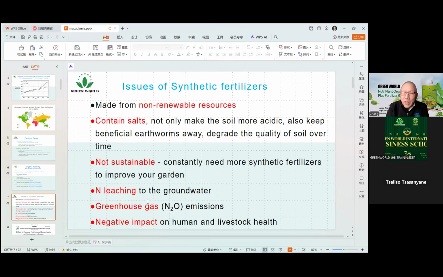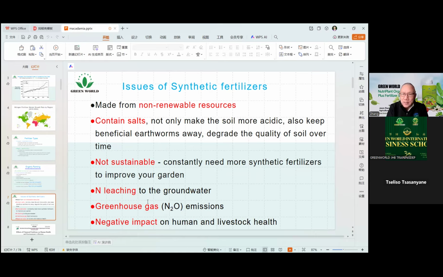Even though we have so much nitrogen in the air, plants cannot use it. Some plants can fix nitrogen with symbiotic bacteria, like soybeans, which have bacteria in their roots. But most plants have limited, maybe almost no, fixing ability.